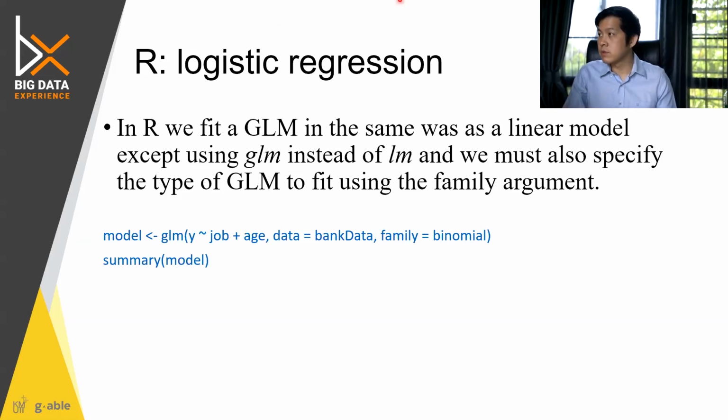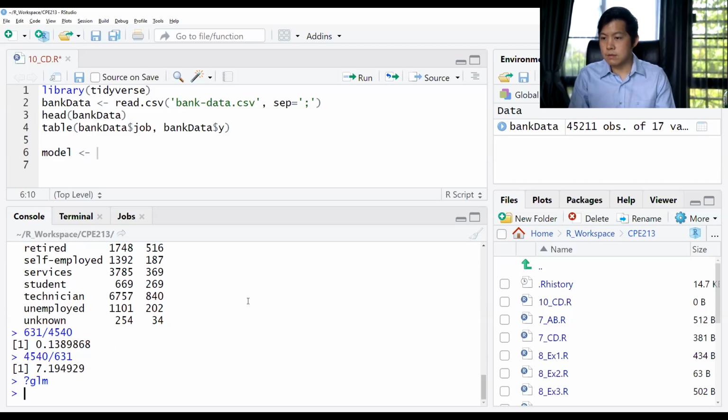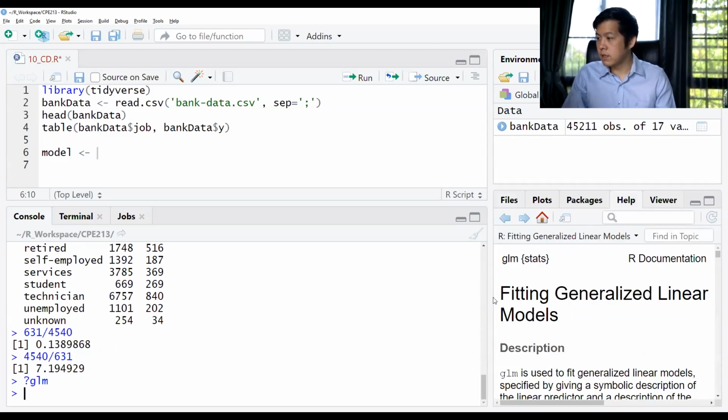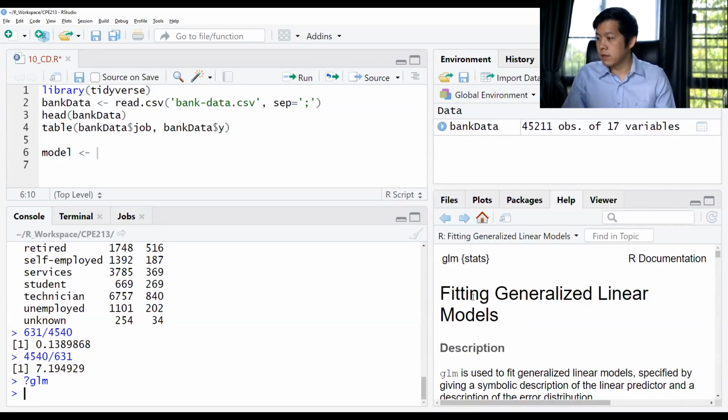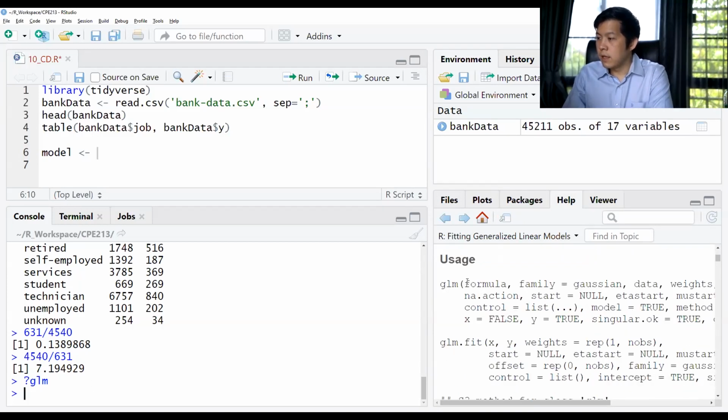Okay, I'll just switch to R then. Here we can create a model by using model and then glm. You can see the glm function first. This is fitting a model using generalized linear model. The help indicates that you need a formula and then you specify the family.